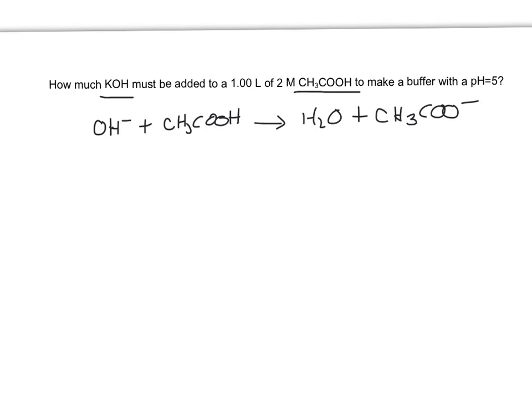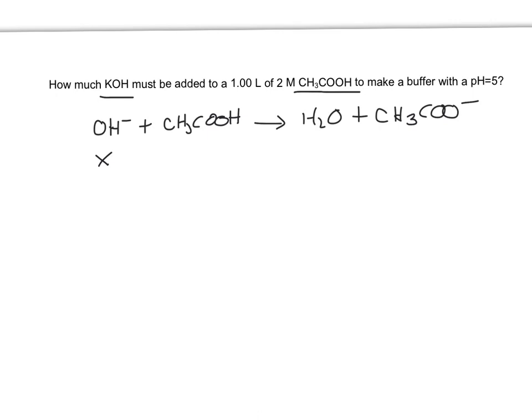So anyway, what am I asked for? I'm asked for how much of my KOH I'm adding. So really how much of the OH minus I need to add. So since I don't know how much I need, let's call that X. Okay. I know how much acetic acid I have.